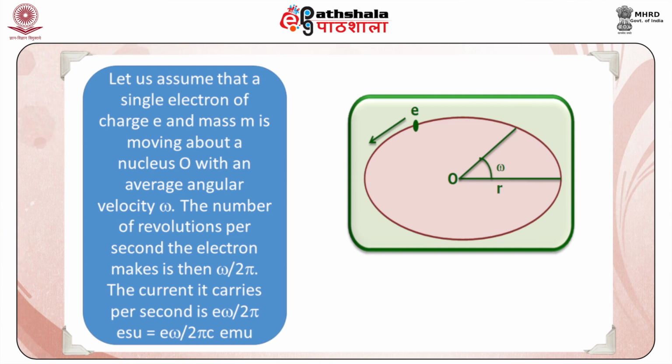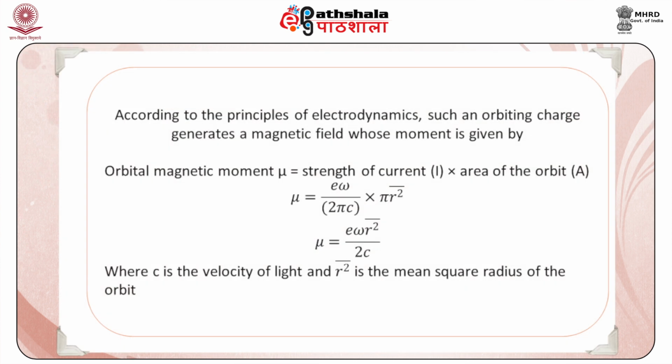The current it carries per second is e omega upon 2 pi in ESU, that is equal to e omega upon 2 pi c in EMU.